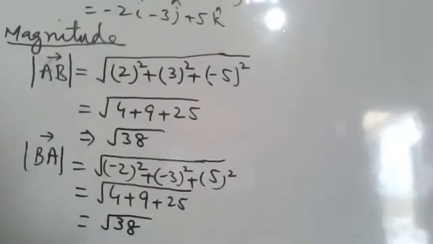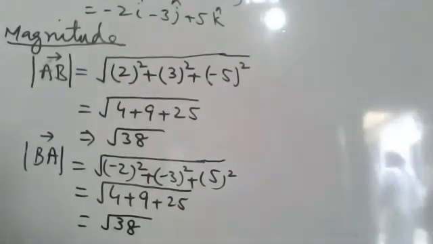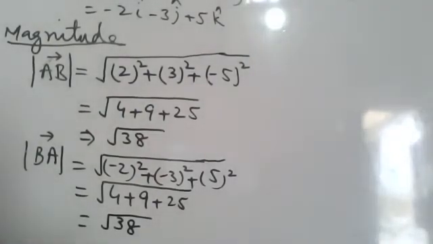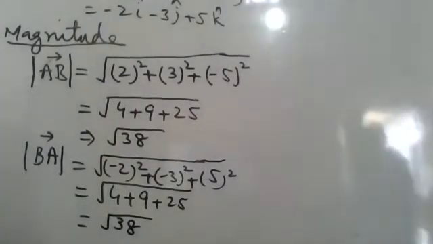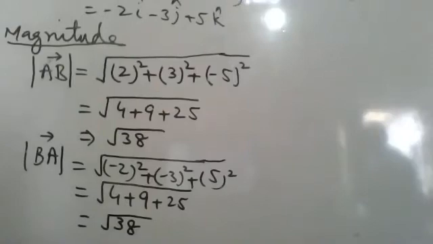No need to find alpha, beta and gamma unless you are asked to find the angles. How to find the direction cosines?